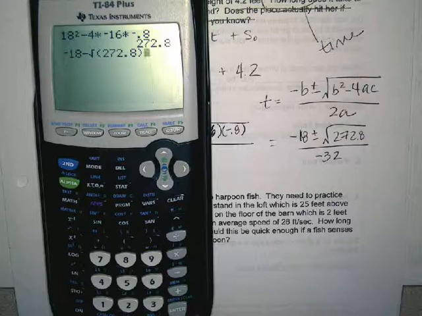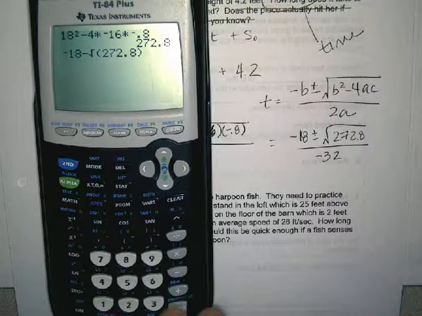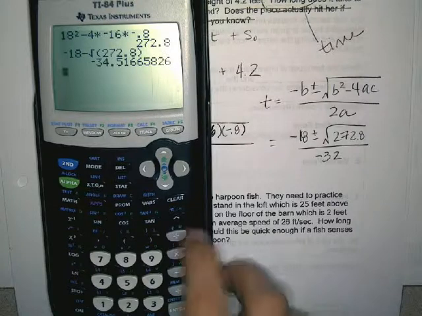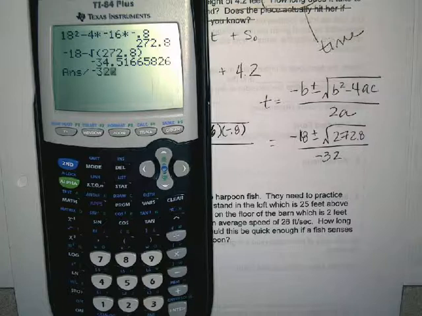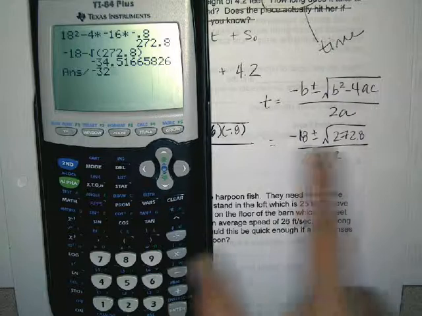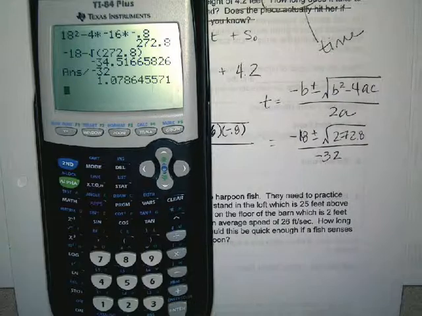And you have to at least be watching here because this is how you have to punch it out on your own. I usually hit enter to get my negative decimal. And then I'm going to take that and divide it by negative 32. So this gave me the top. I'm going to divide it by the bottom, and I get 1.08 if we round up.